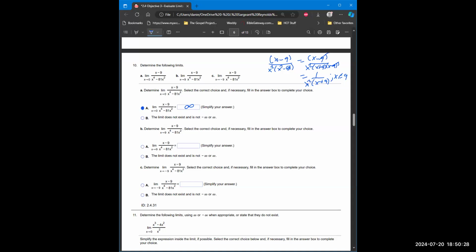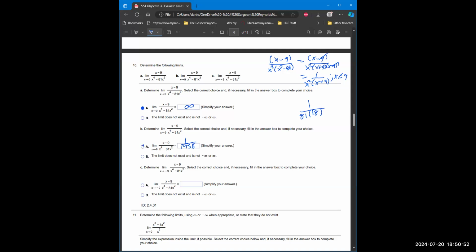Positive, positive is positive. So this is going to be getting close to 1 over 81 times 18, which is 1 over 1458.